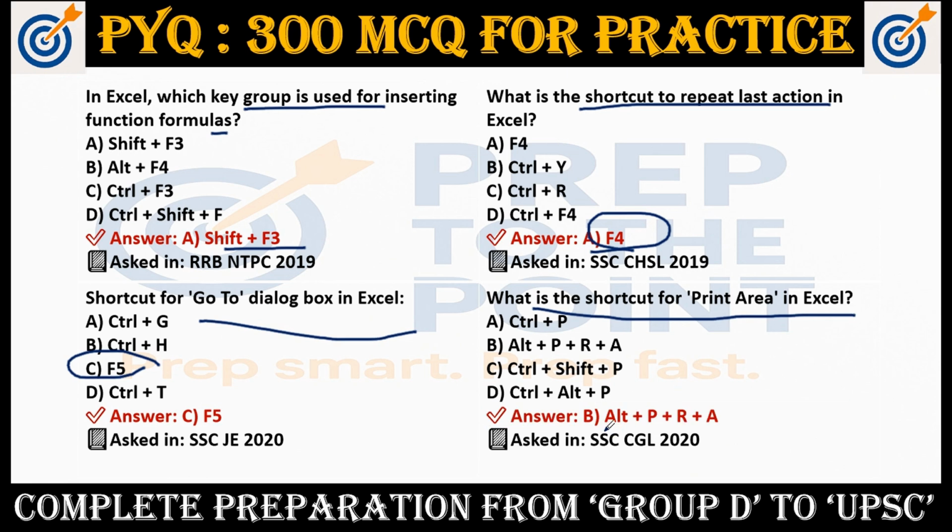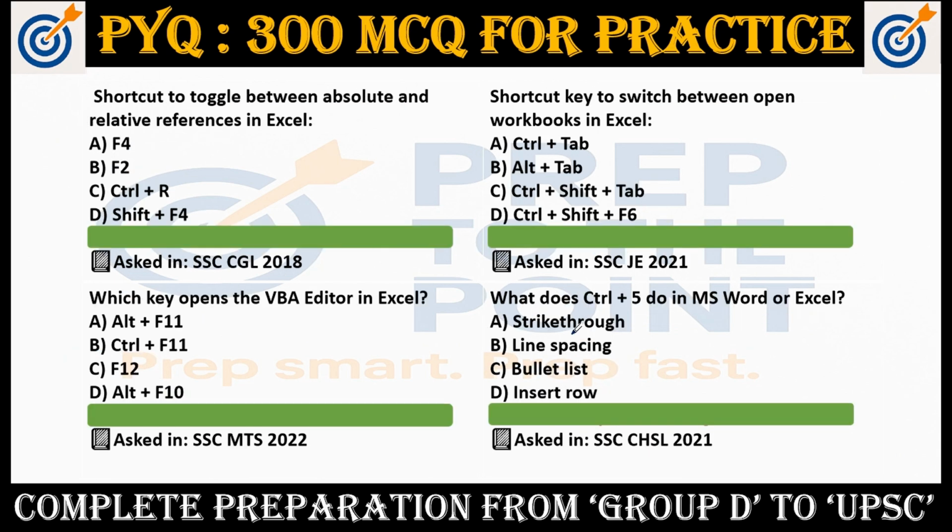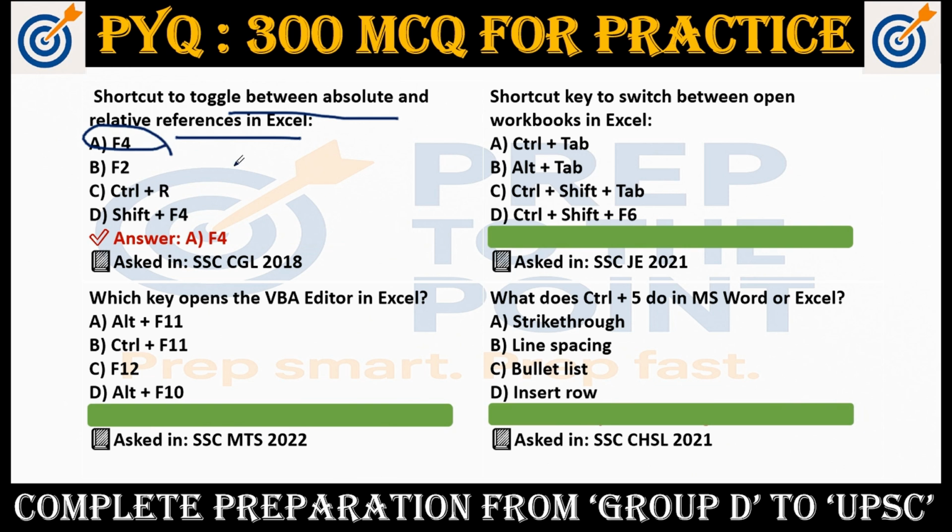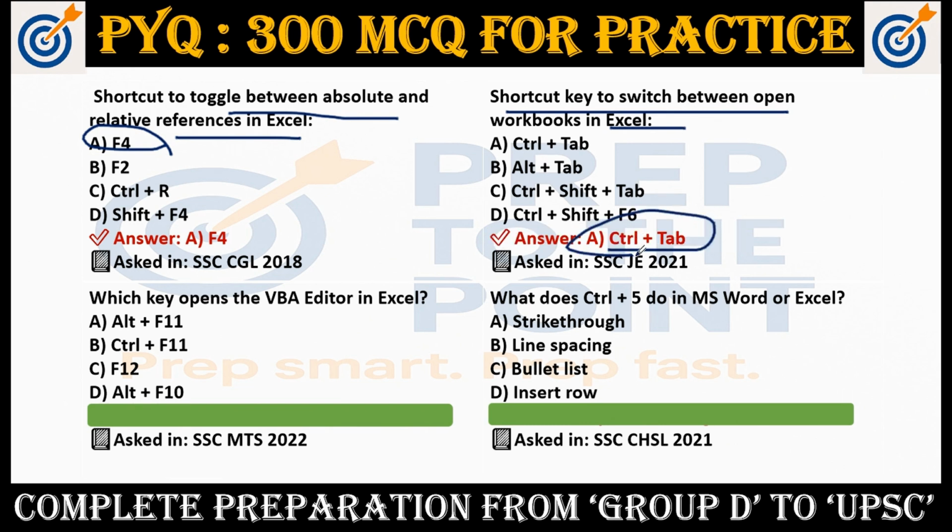Alt PRA. Shortcut to toggle between absolute and relative reference in Excel, it's F4. Shortcut key to switch between open workbooks in Excel, it's Control Tab. Which key opens the VBA editor in Excel?